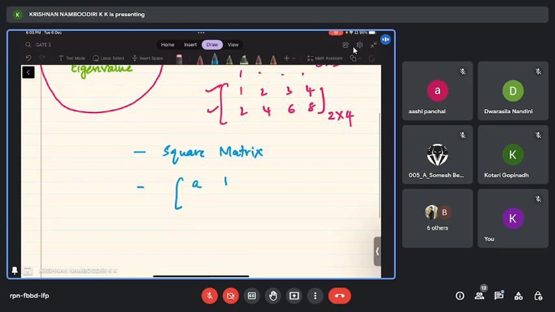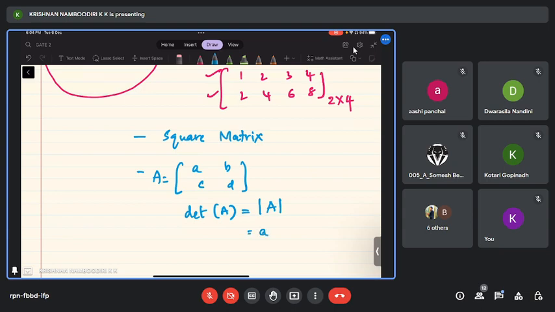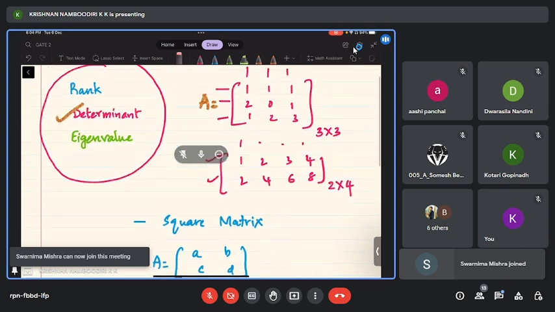If the matrix is say A, B, C, D, and I call this matrix capital A, then the determinant of A, sometimes denoted as A within 2 lines, just like modulus of some number, is nothing but A into D minus B into C, right? Product of diagonal elements minus product of off-diagonal elements. This is for a 2 by 2 matrix. For bigger matrices, you can calculate the determinant too. Today I'm not going to deal with how to calculate the determinant.